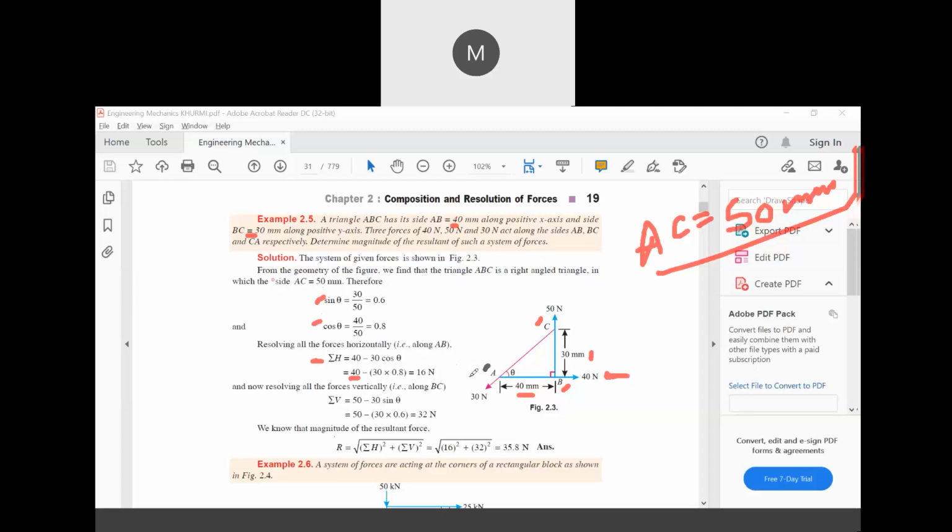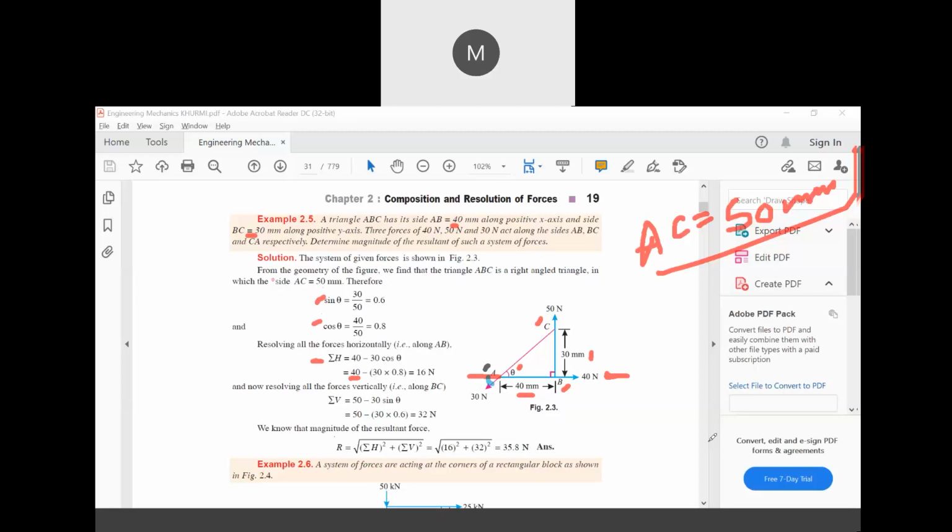Now pay attention. Now here, look at this 30 Newton. This 30 Newton is acting on the side AC, which is inclined at an angle of theta. Now, if you draw another horizontal line like this, what will be this angle? These are alternate angles, right? So what will be the value of this angle?